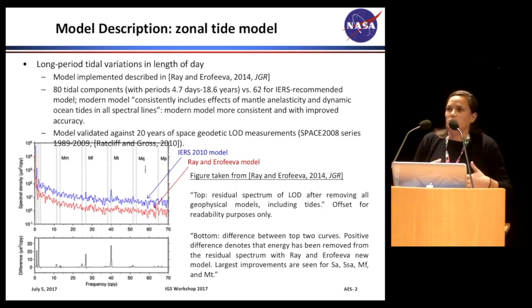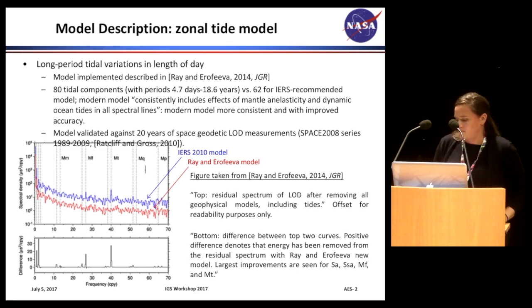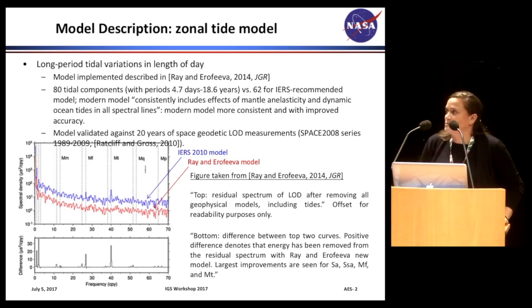Because we use a consistent model in each case, we do not expect to see a very noticeable change in our GPS POD results. But it's still always good to have the more accurate model implemented.